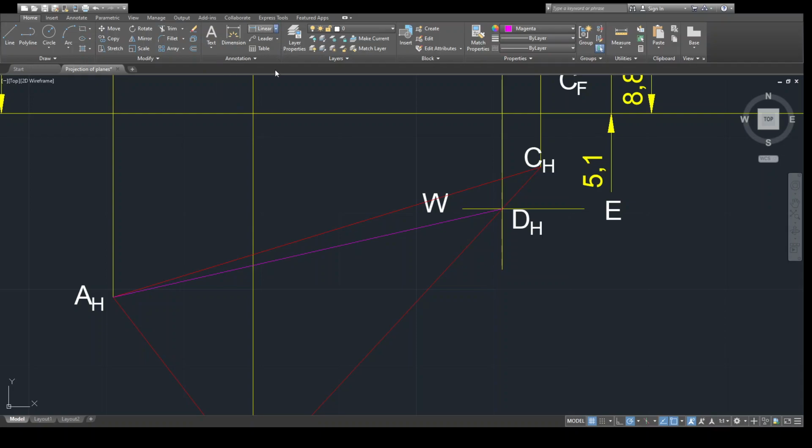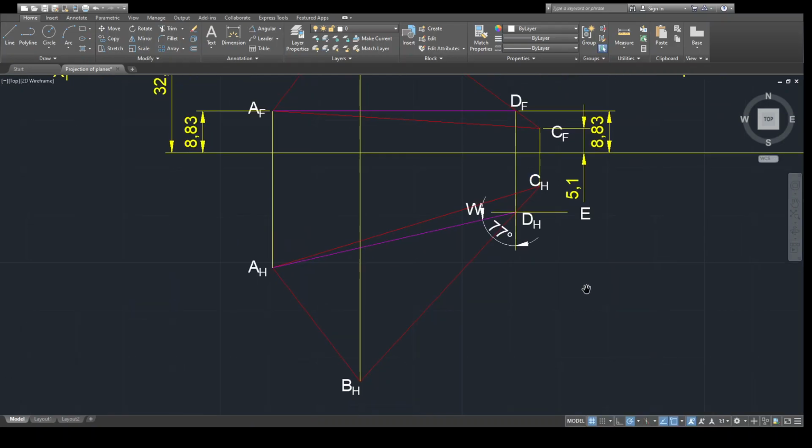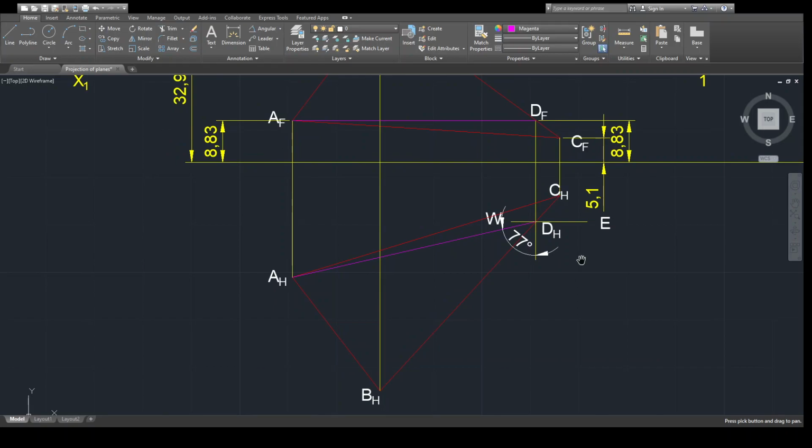To find the angle, we take the angle between this edge and the reference, and it is 77 degrees. So the strike direction is south to west, and the angle is 77 degrees. So the strike angle and strike direction are determined.